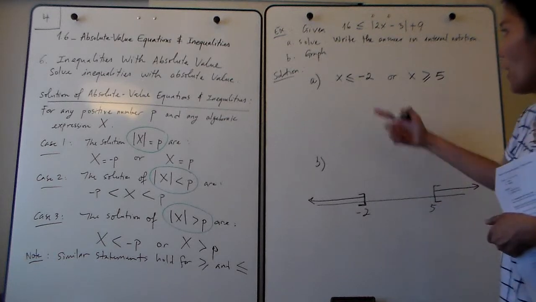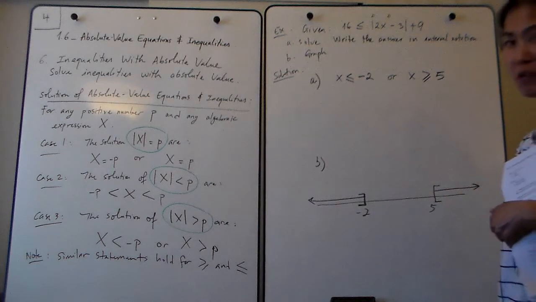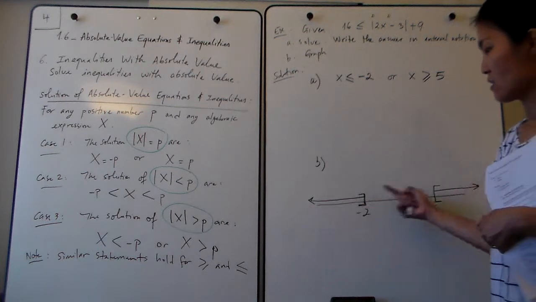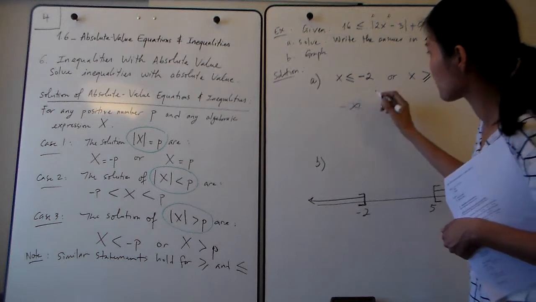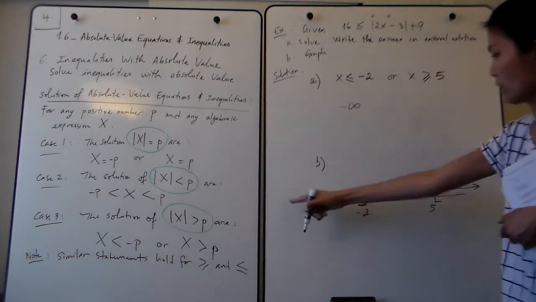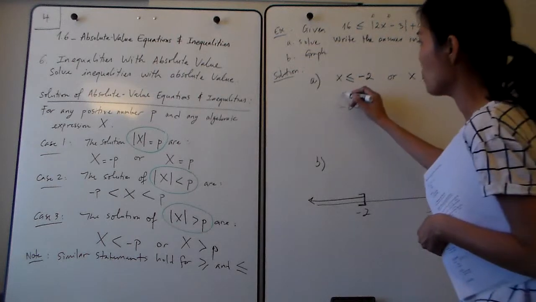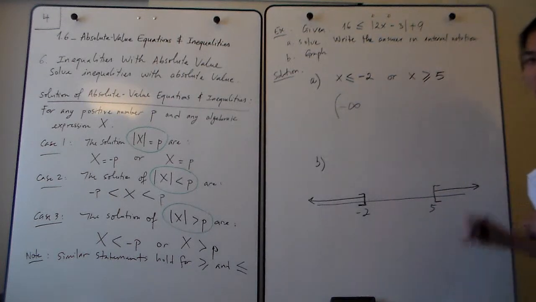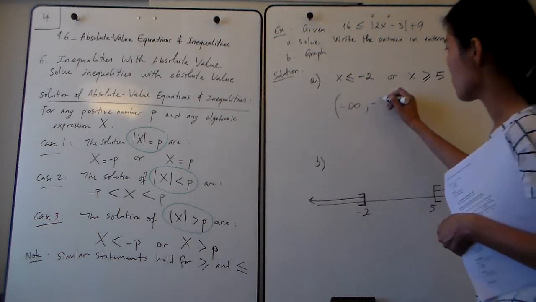Now, let's go back to part A. Can you use the graph to write the answer in interval notation? Do you see this extends to the left, right? So it has to be negative infinity. Okay? And because we don't know what the infinity is, we use a parenthesis, the left parenthesis, for negative infinity. The right endpoint is negative 2.